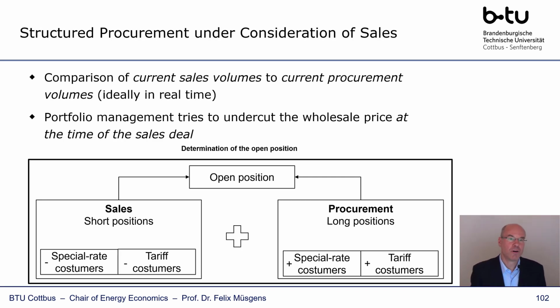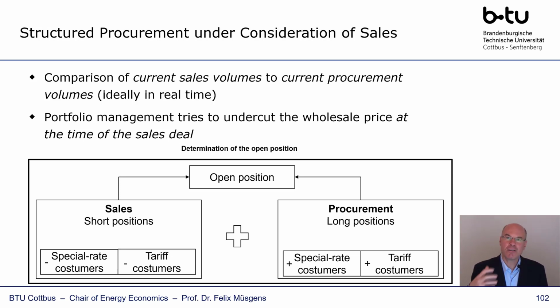Okay, mostly repeating structured procurement under consideration of sales. We should be comparing current sales volumes to current procurement volumes, ideally in real time, to manage the open position. The portfolio management tries to undercut the wholesale price at the time of the sales deal.